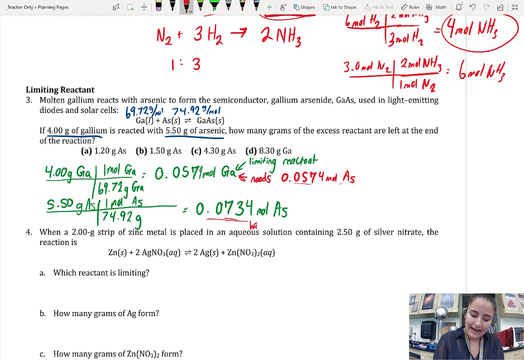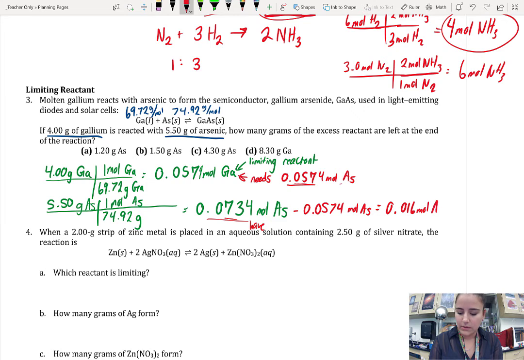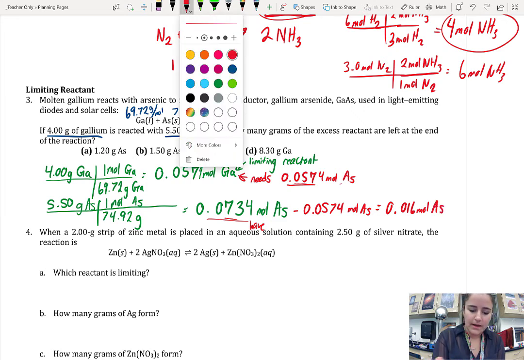So that's how many moles I have, and then I'm going to subtract how many I need in order to complete that reaction. And I get 0.016 moles of arsenic.